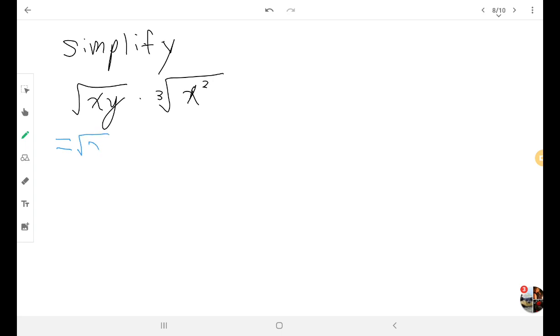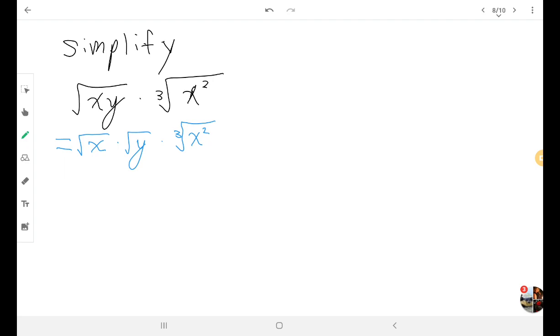I can call it the square root of x times the square root of y, and it's always a good thing to pull things apart as much as you can. It's almost always beneficial to you. And then the cube root of x squared, there's nothing to really pull apart there. So I'm going to leave it that way for the moment.